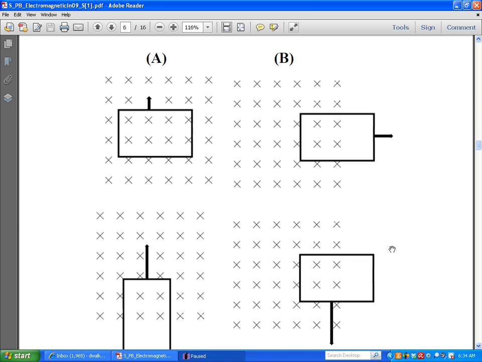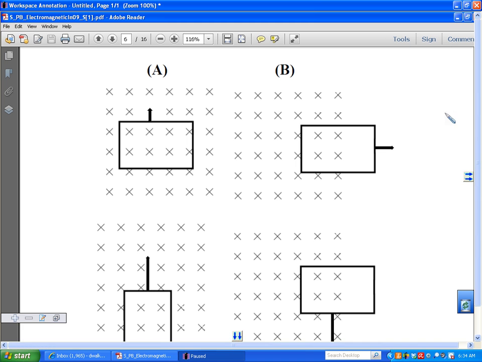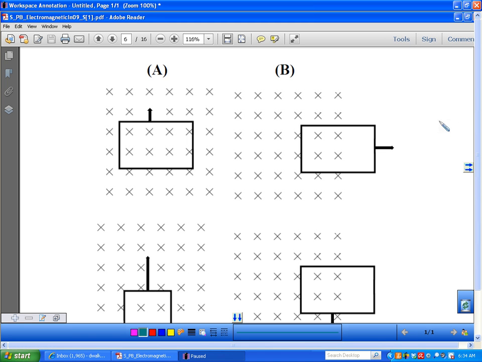Okay, so I'm going to work through these, and then we're going to talk about what's going on. Let me see if I can get my little pen. All right, so here's my coil of wire. I'm pulling it straight ahead, and as I pull it straight ahead, the amount of area of the wire that is exposed to the magnetic field remains constant, so there is no change in flux.